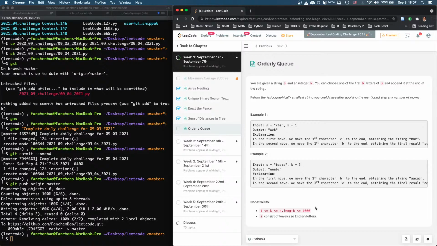So if this one is BC, AAA, we shall return this one as well. And actually, you can do any number of moves. So we can move B first, then move C, just within the first 3. Which means every time you move, you got a new one coming in.